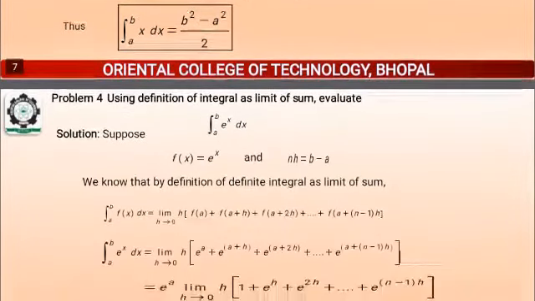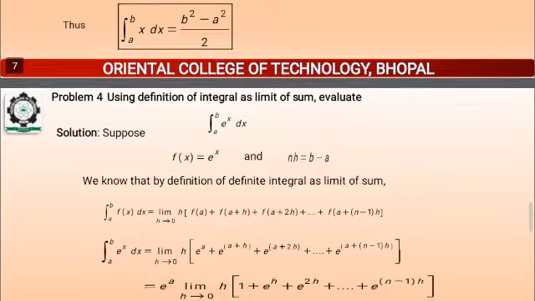Come to the next problem. Using definite integral as a limit of sum, evaluate the integral from a to b of e to the power x dx. Here f(x) equal to e to the power x and nh equal to b minus a. We know that by definition of definite integral as limit of sum, this is the formula.